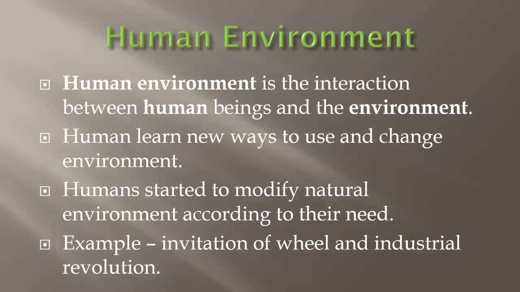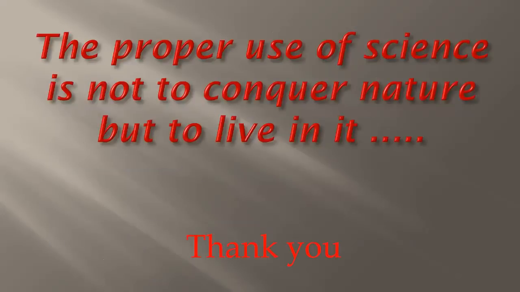I hope you remember, students. Humans started to modify the natural environment according to their needs. Examples: invention of the wheel and the industrial revolution. So students, this was all about your geography chapter 1, environment.